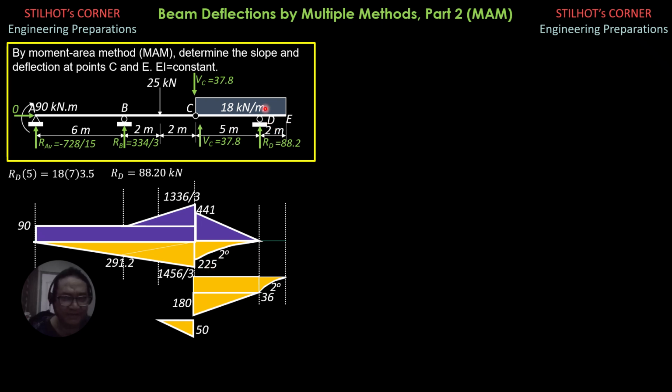For this remaining load at D, we have 18 times 2 times 1, so 36. Then extend, because we imagine there is a concentrated load here, and the couple is 36. It is second degree. Then for the concentrated load, which is 18 times 2, 36. 36 times 5, so they have a moment of 180. So that is the complete moment diagram by parts with selected moment center point C.